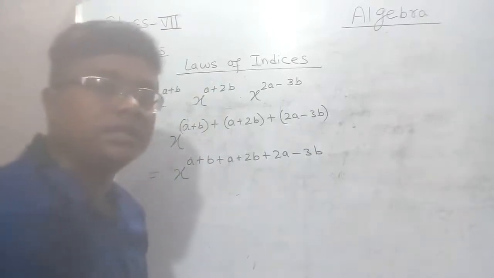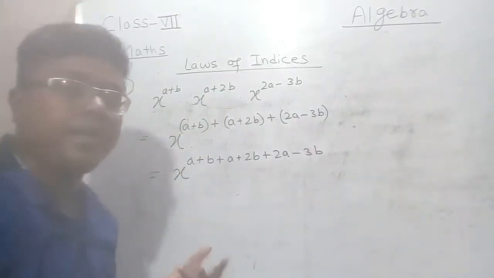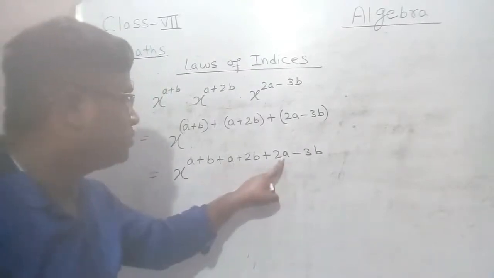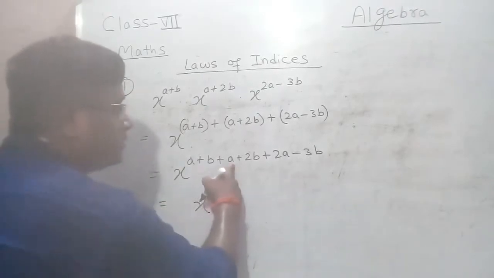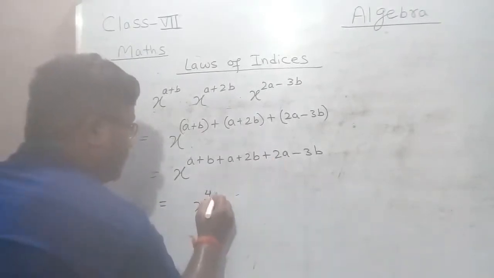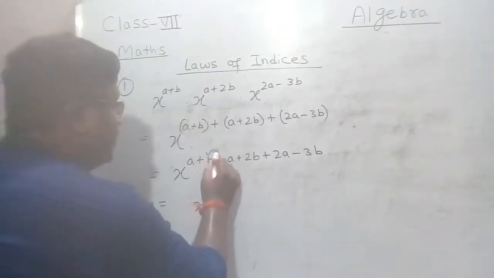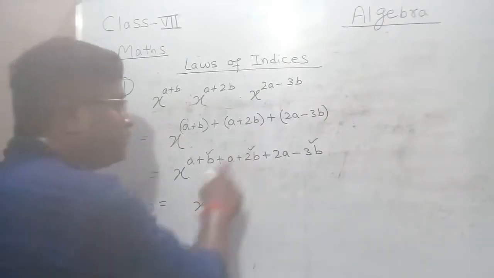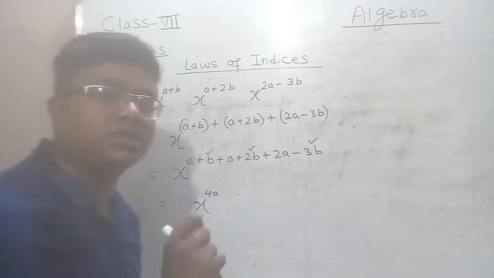After writing this, we have to add the like terms. So a plus 2a, how many a's are here? a plus 2a is 4a. Now for the b terms: b is here and 2b is here, so b plus 2b is 3b, and minus 3b is there, so it will cancel.